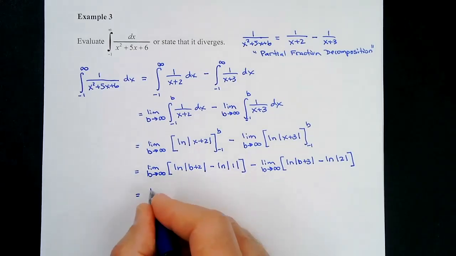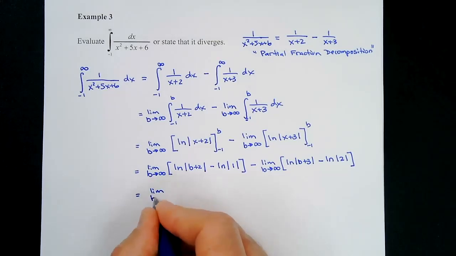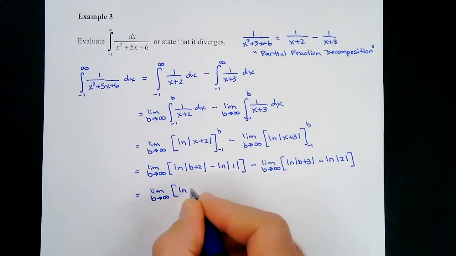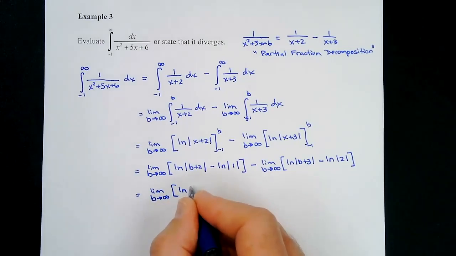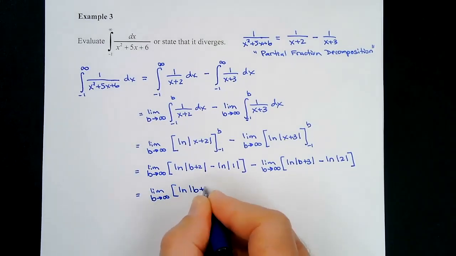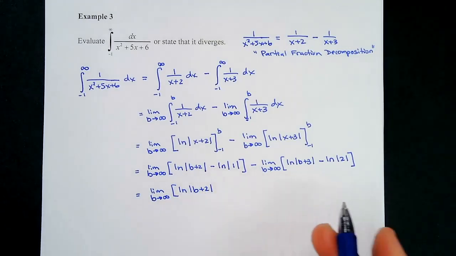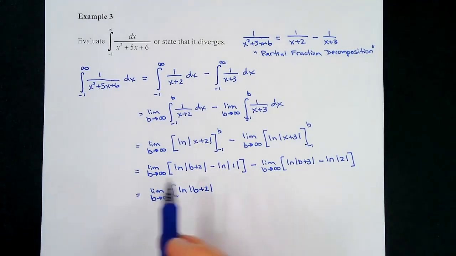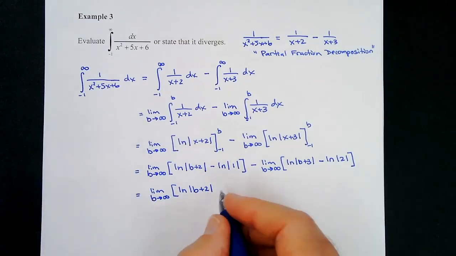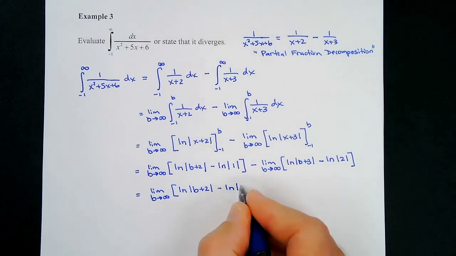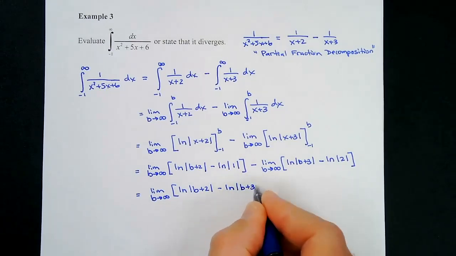So this becomes the limit as b goes to infinity of the natural log of the absolute value of b plus 2. I'm going to write this with a single limit, because they're the same limit, so we can pull it out, and then minus ln of the absolute value of b plus 3.